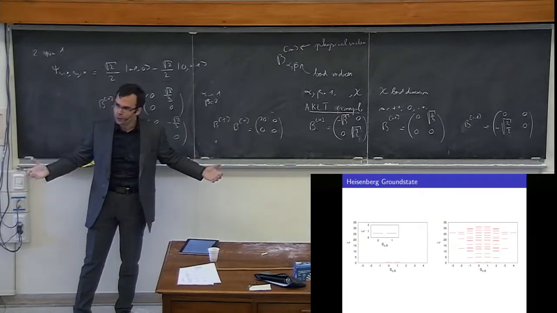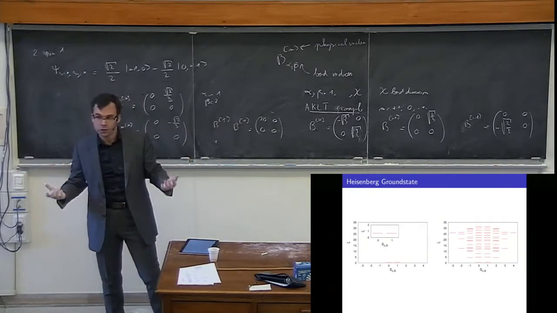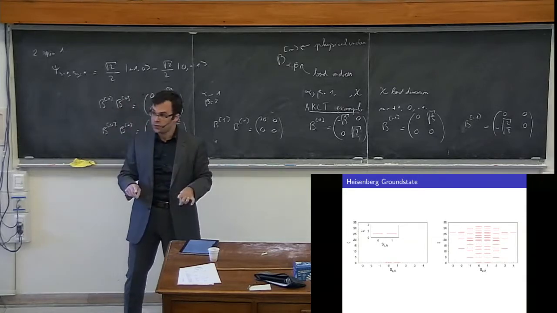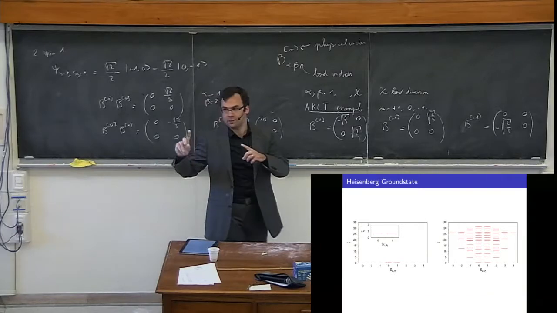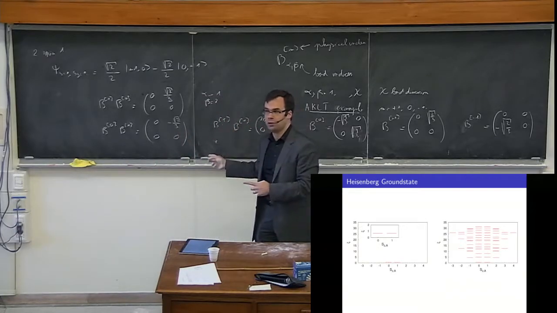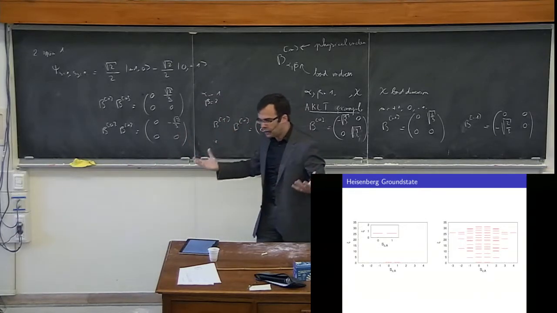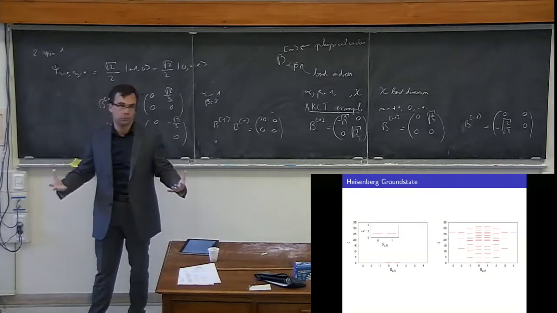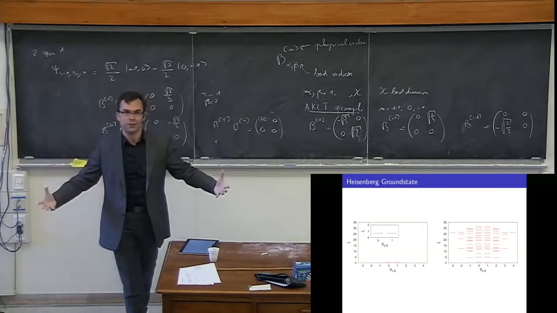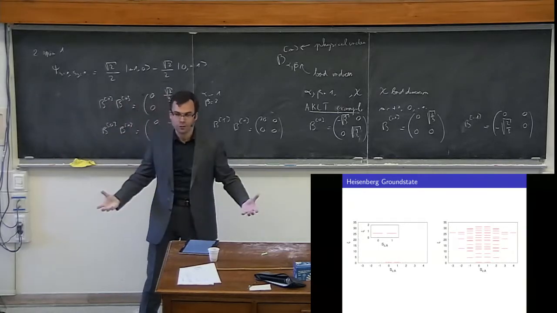If you have an area law, you will get something that grows exponentially, but with the perimeter of the system, not the volume. So that's why there is a gain to look at matrix product states, even for a two-dimensional system. Exact diagonalization, for example, is an algorithm that grows exponentially with the volume of your system, the number of sites, the number of particles.